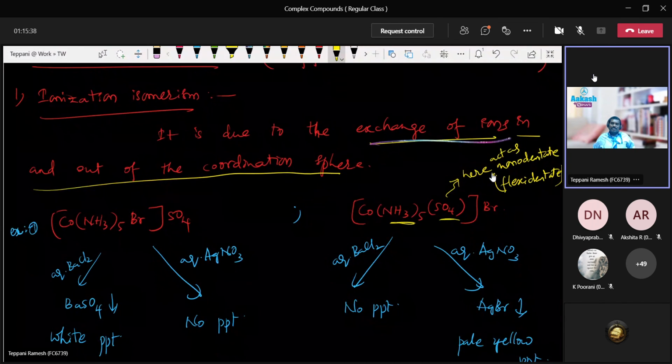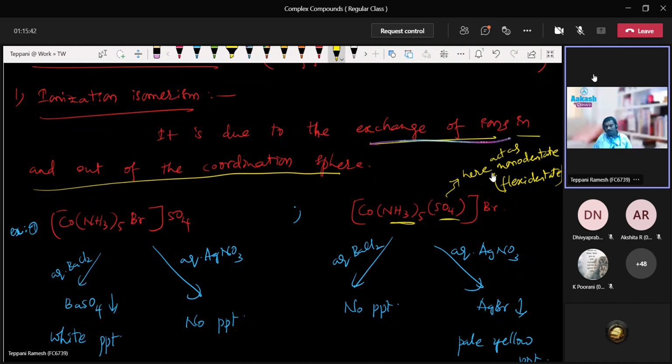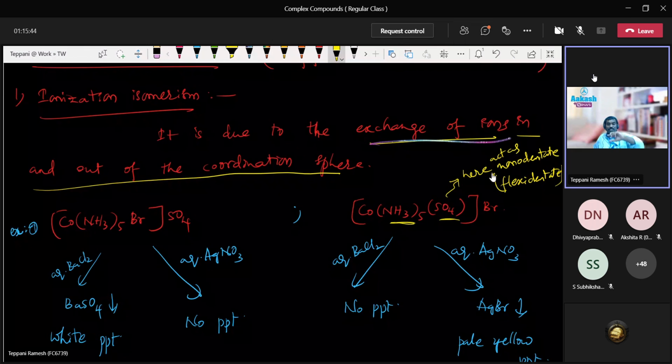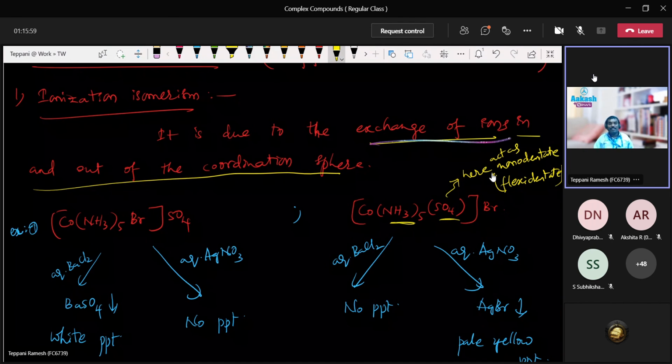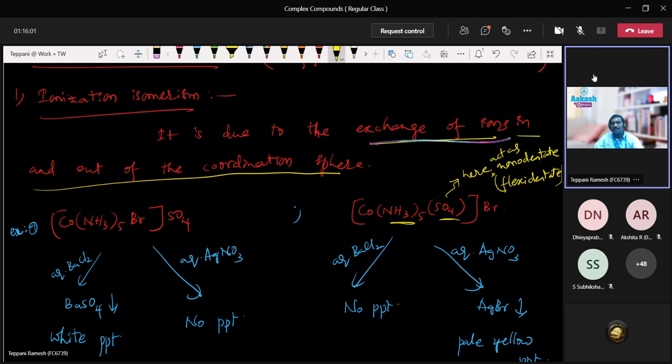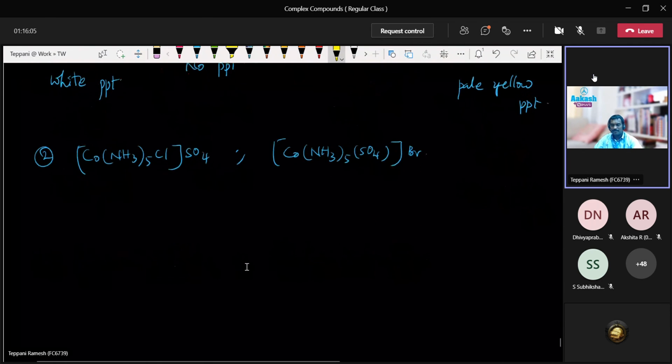So the polydentate ligands which can change their denticity based on requirement or situation are called flexidentate ligands.